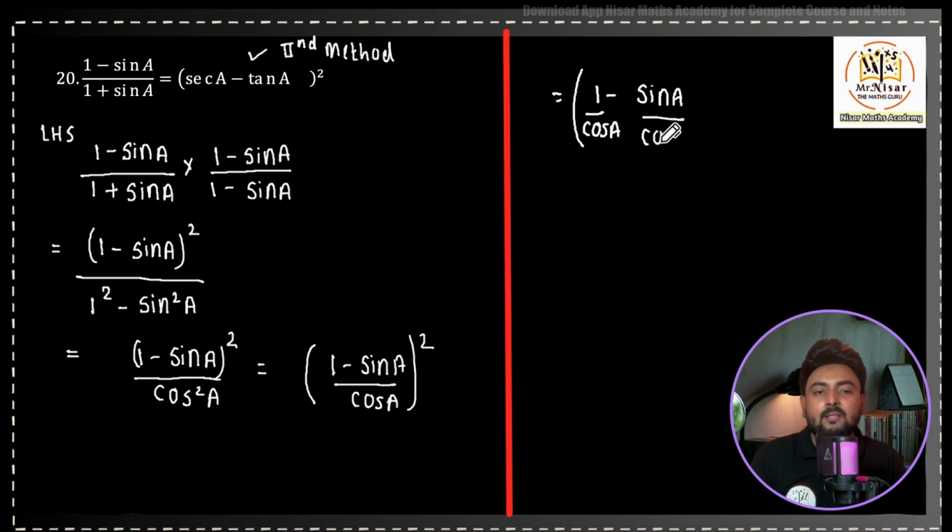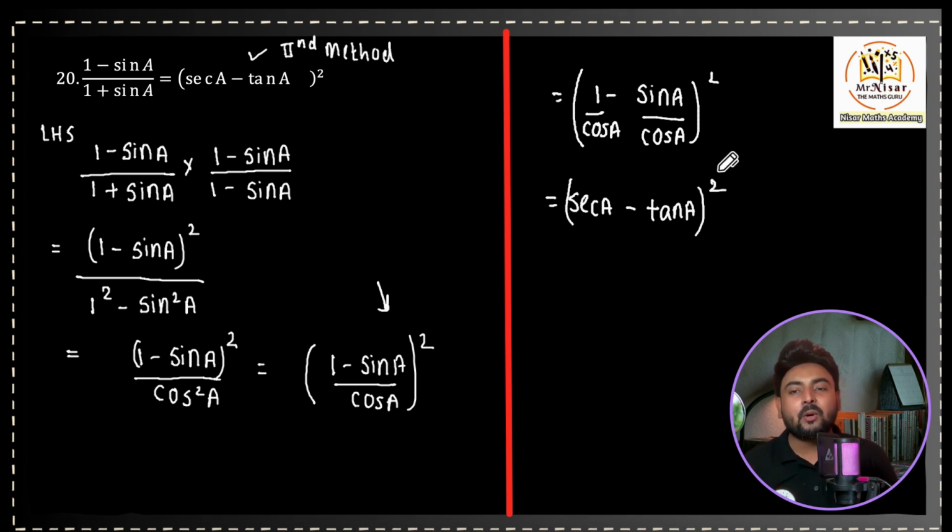Why I'm doing this? Because you can see in the RHS what we need to prove. I can directly say that 1 by cos is sec and sin by cos is tan. So here only actually we got the answer, but we have to write and show. 1 by cos is sec a, minus sin by cos is tan a. So sec a minus tan a whole square. I hope it is quite clear to you. Let's go for the next question.